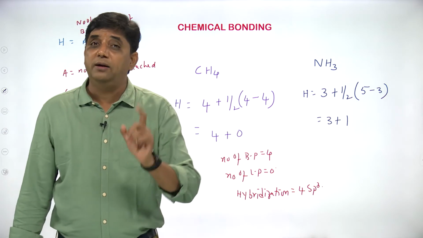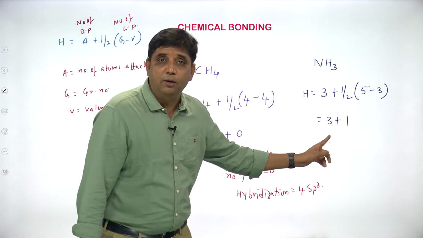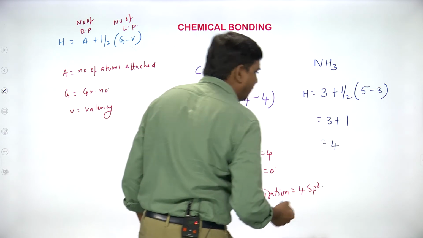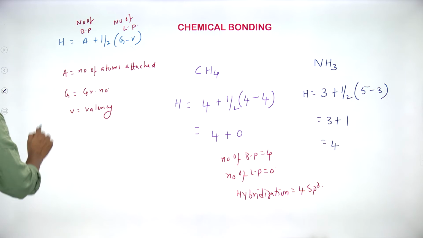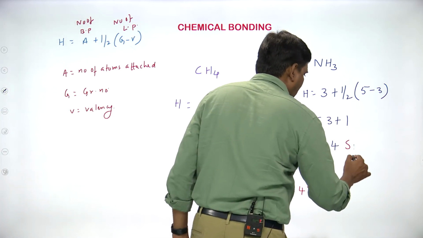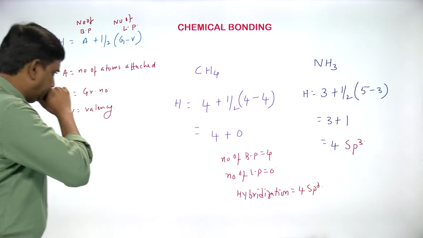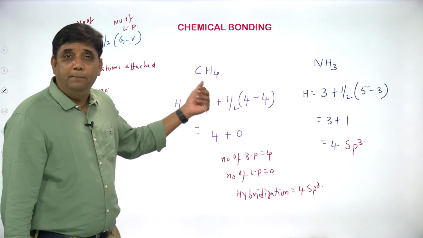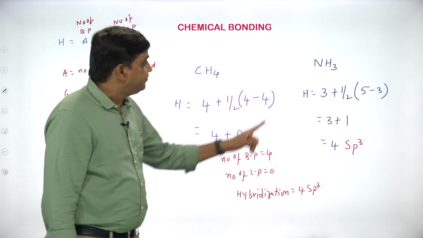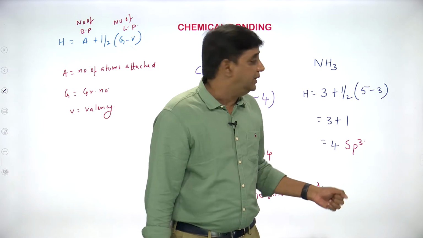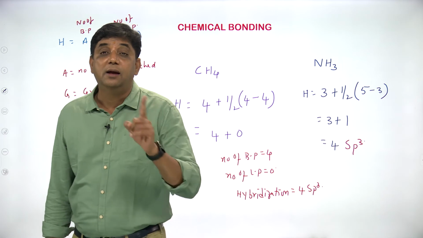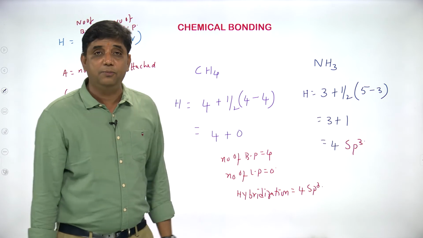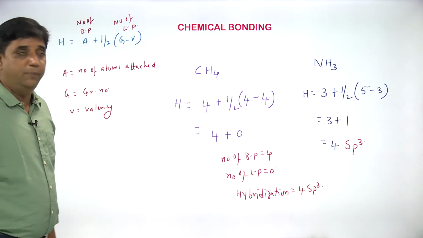We know that ammonia contains one lone pair of electrons, so the total hybridization is 4, which means sp3. See here, students, methane is sp3 and NH3 is also sp3, but NH3 contains 3 bond pairs and 1 lone pair. By using this formula you can find out the number of bond pairs as well as lone pairs.